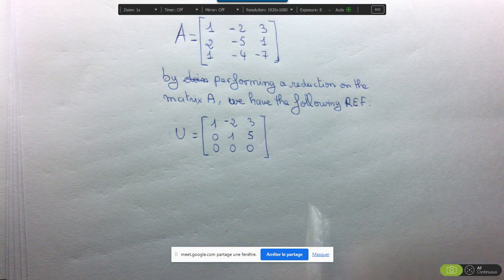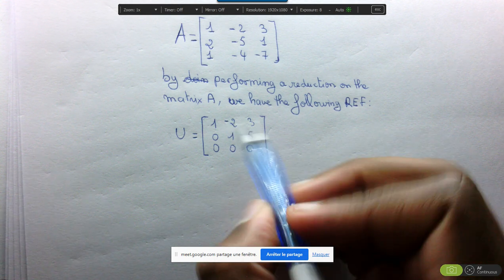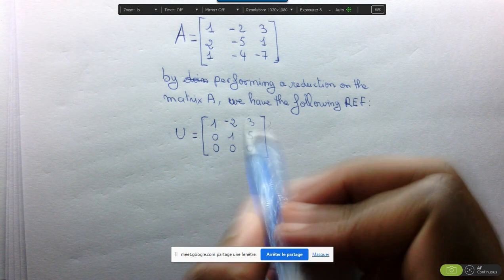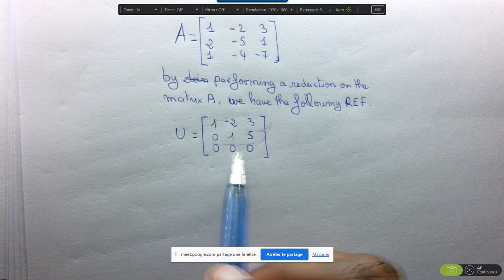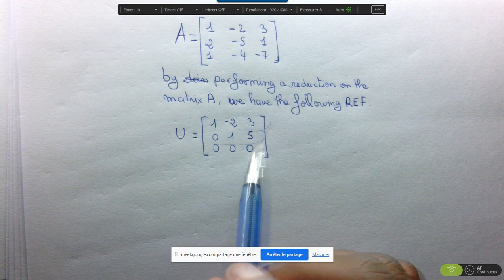As you can see, for row space you are interested in the rows, and specifically in non-zero rows.